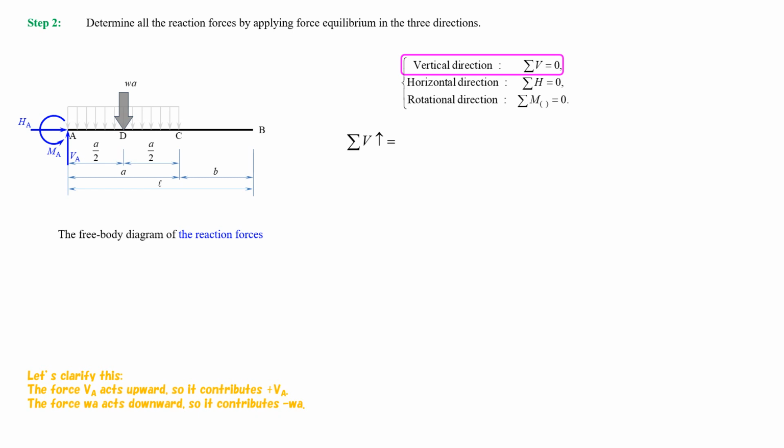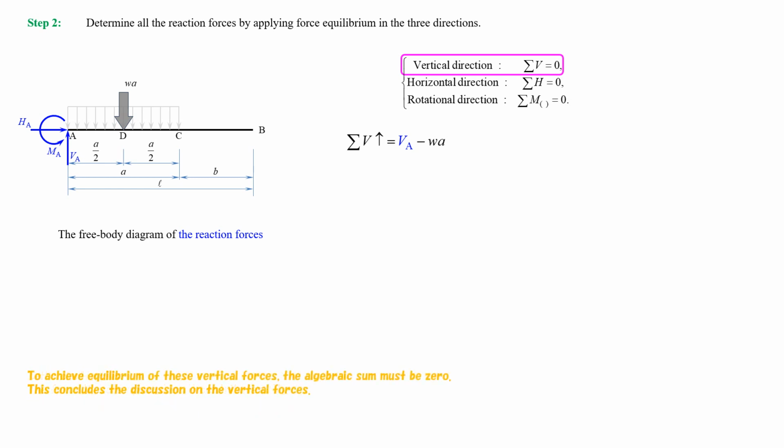The force VA acts upward, so it contributes plus VA. The force W multiplied by A acts downward, so it contributes minus W multiplied by A. To achieve equilibrium of these vertical forces, the algebraic sum must be 0. This concludes the discussion on the vertical forces.